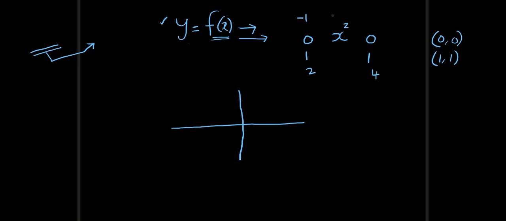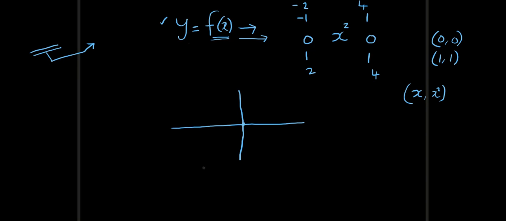Similarly, if I input minus 1, I get 1, and if I input minus 2, I get 4. And I can input any number in between 1 and 2, like 1.5, 1.33, etc. I don't know those squares, but look at this. Corresponding to every input, I get the output as x square. Okay, now let's plot it.